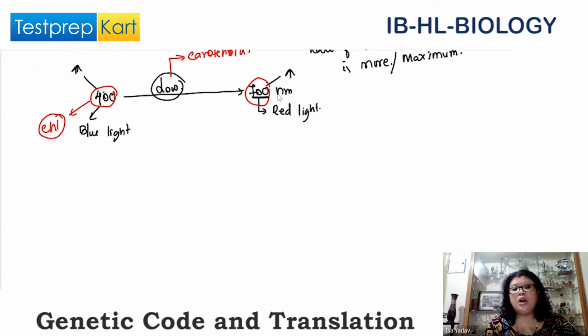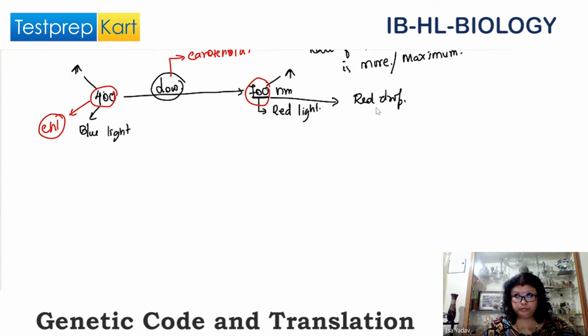If the light is available after 700 nanometer, then what happens? Here the rate of photosynthesis will become low and even stop. So this region is called the red drop. That means beyond red light, there is no photosynthesis.